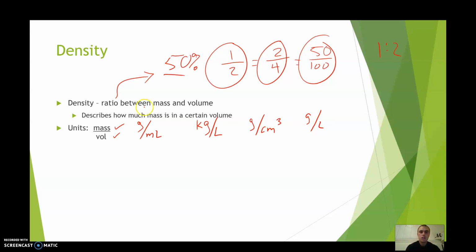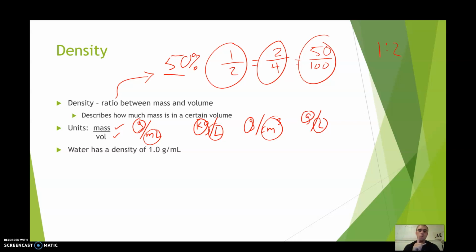These are all mass over volume. And so no matter what these individual units are, as long as we have a mass over a volume, that is an acceptable unit for density.